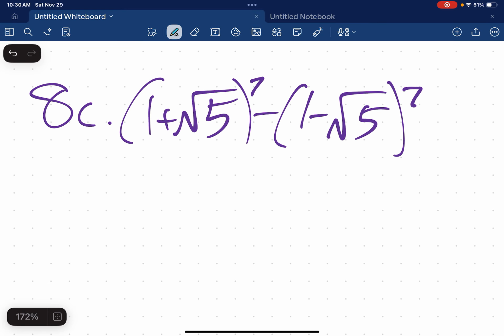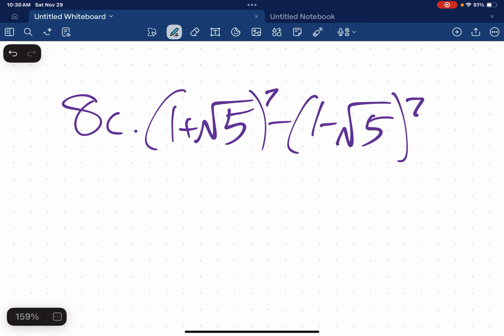Okay, I'm looking for an easier way to do this, but I think we're just going to have to find both of the expansions, unfortunately. I'm thinking maybe I can multiply them by 2 since there's 2 of them, but what's a negative square root of 5? So it's not going to work, right?